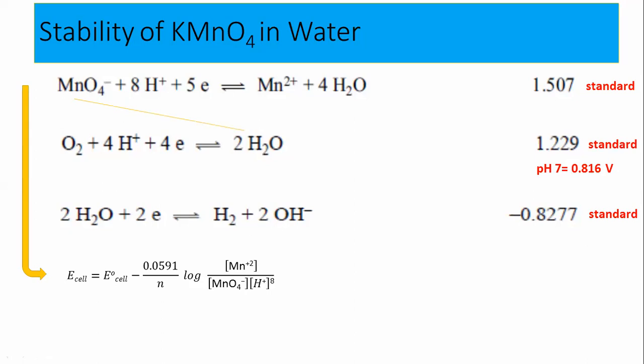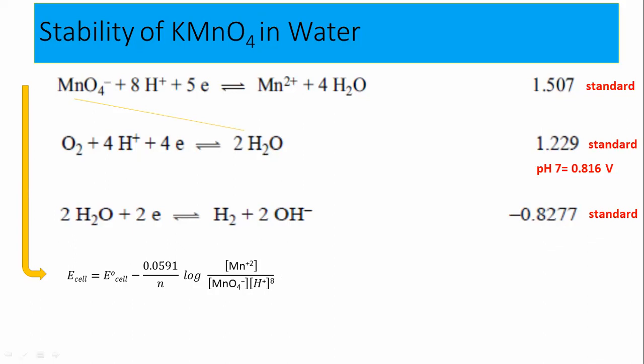Now the question is, you prepare KMnO4 in water. If the reaction is spontaneous, this will react with water, depending on these cell potential values. What is the possible answer?